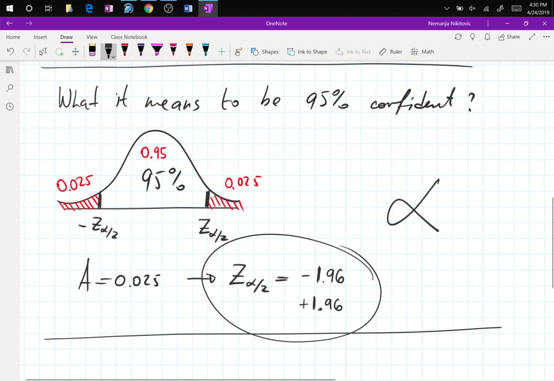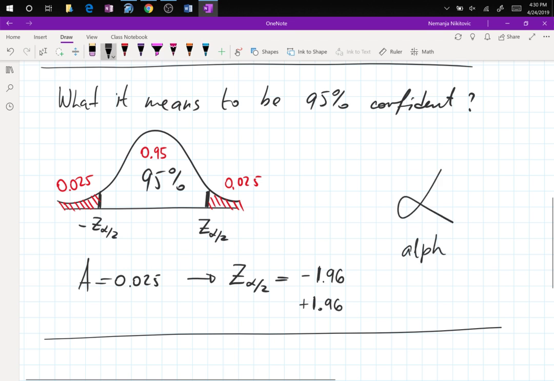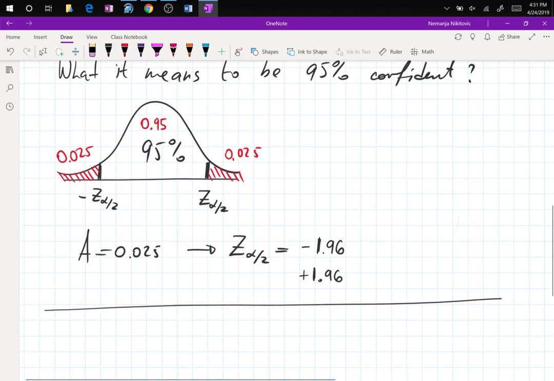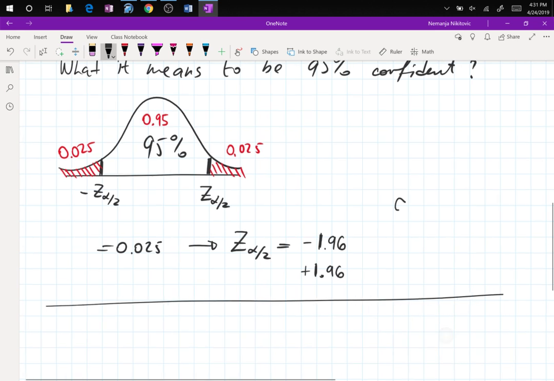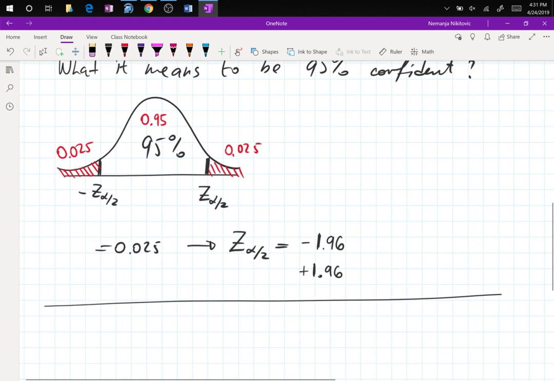This symbol is alpha. The entire thing, the z right after the area, after the arrow, is just a z-score, and we use this notation here because it's a half of, we need to remember that one half goes one side, the other half goes the other side. So that's alpha divided by 2. Alpha is just the Greek version of the letter A.